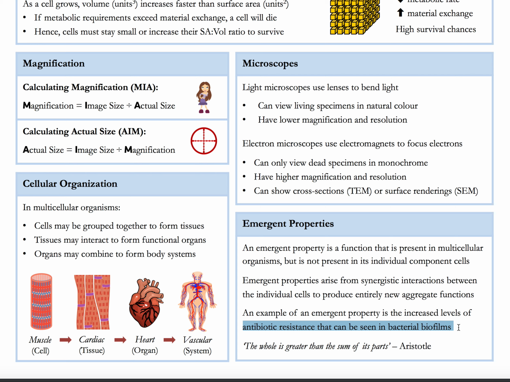As one bacterium dies, it can get replaced. So to summarize emergent properties, the whole organism is greater than the sum of its parts, more than just the heart, the blood vessels, the vascular system. We can do much more because of the synergistic interactions between our systems.